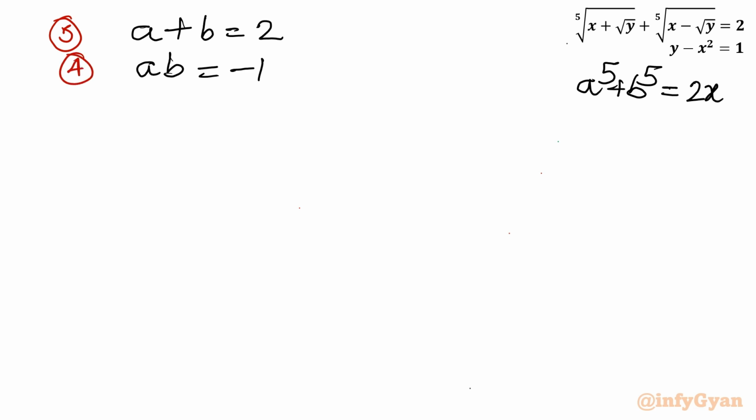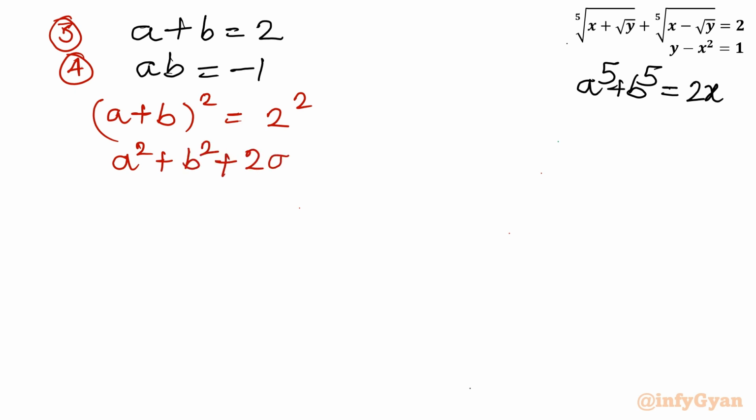Now consider squaring of equation 3. This is 3. Let me write a plus b whole square, and that would be equal to 2 square. So I will have a square plus b square plus 2ab. This is one algebraic identity: a plus b whole square, a square plus b square plus 2ab, equal to 4.